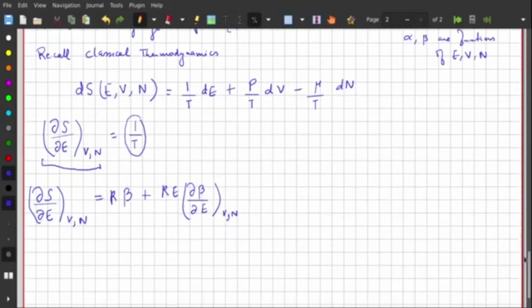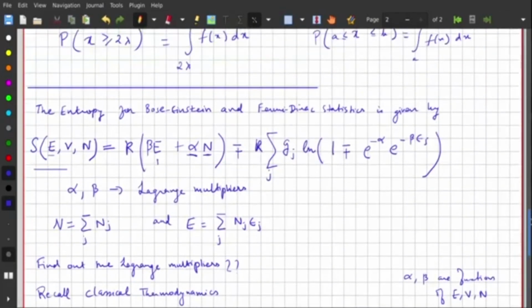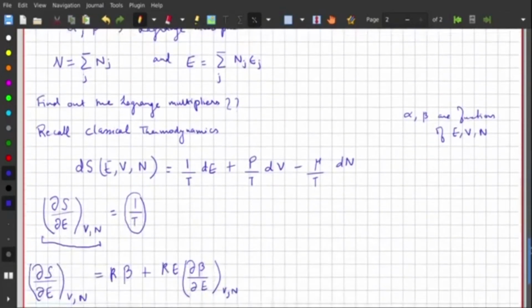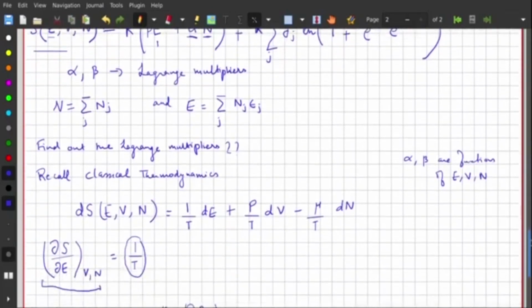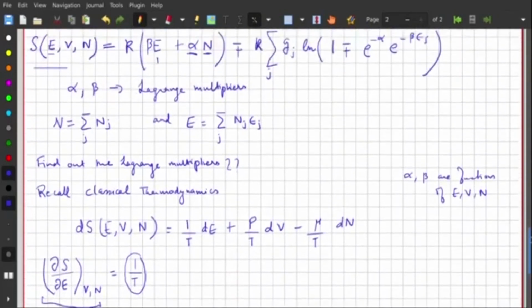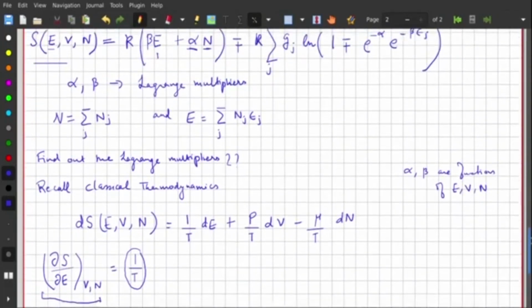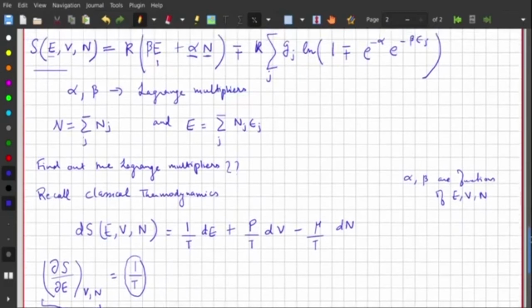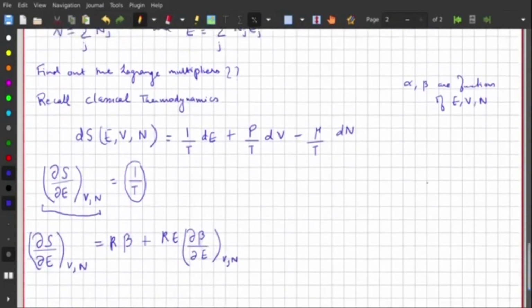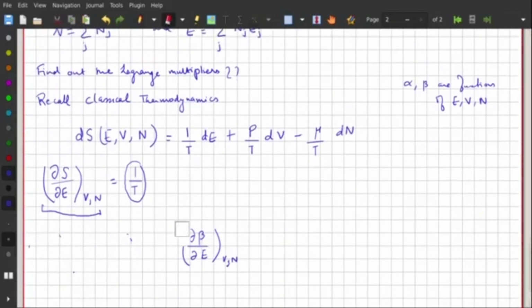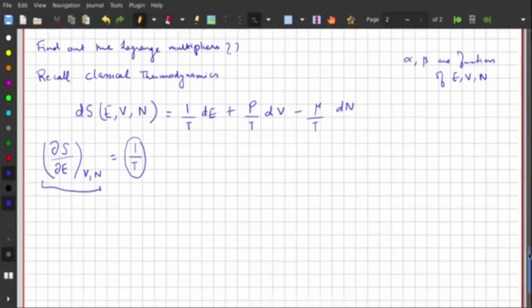Actually, let me rewrite the entropy equation once more here so that I have some reference, because otherwise it's difficult to keep the bookkeeping.